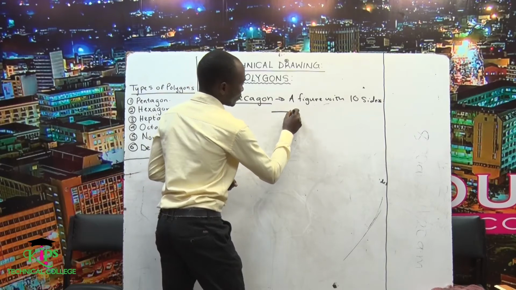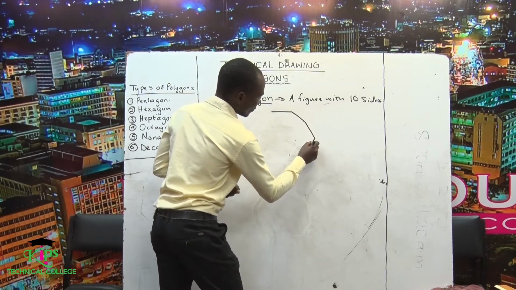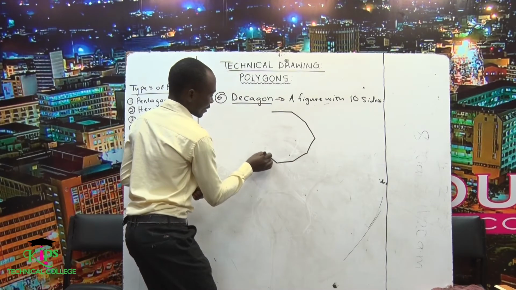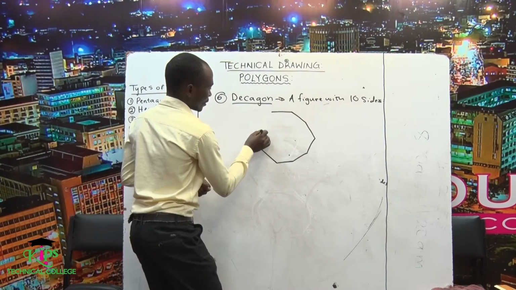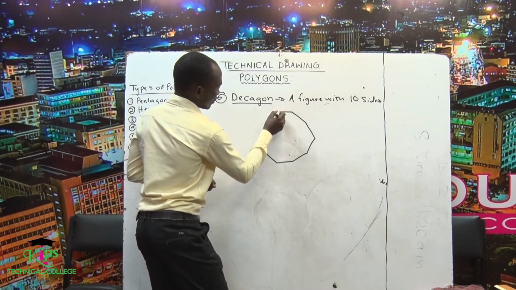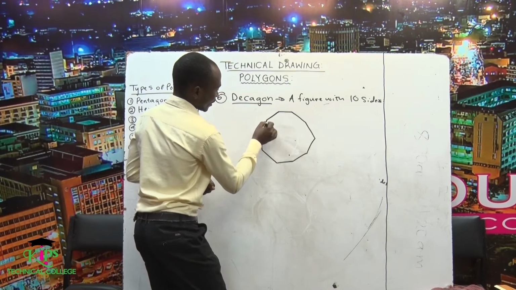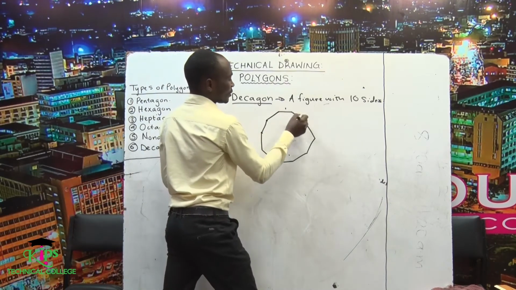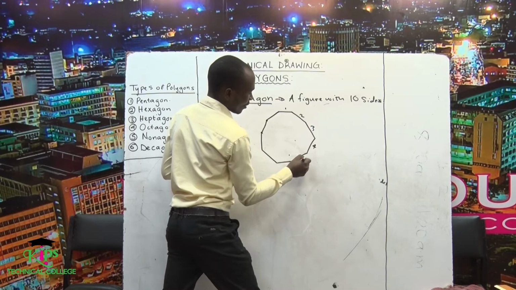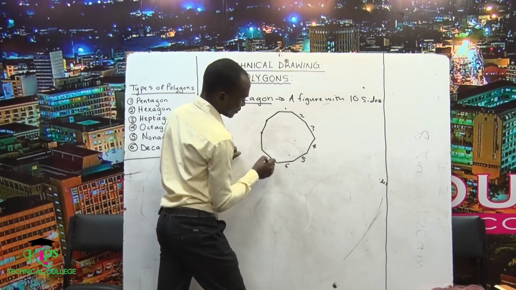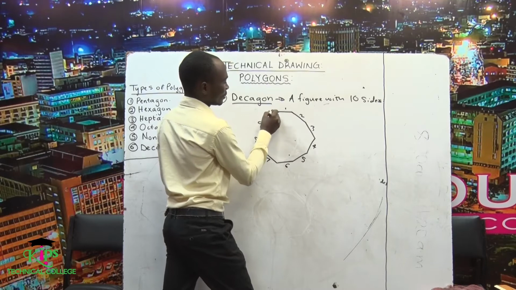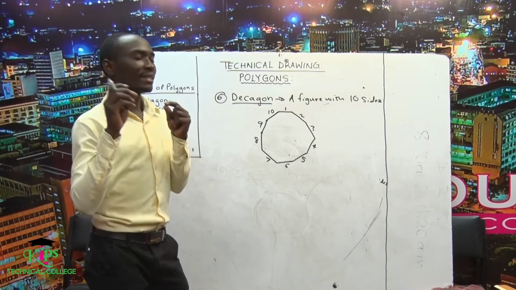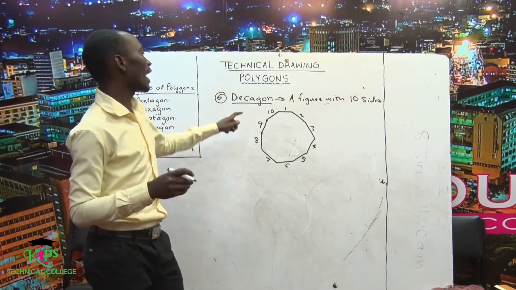It looks like this. 1, 2, 3, 4, 5, 6, 7, 8, 9, 10. So it has got 10 sides. So any given figure that has got 10 sides, we call that one a decagon.